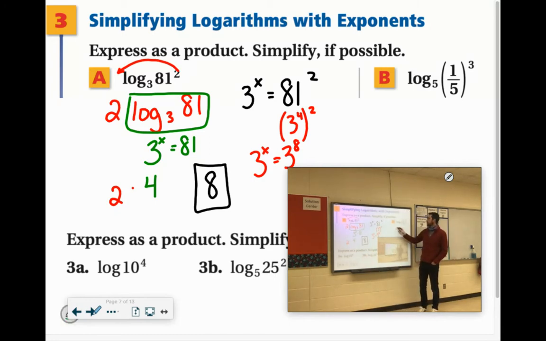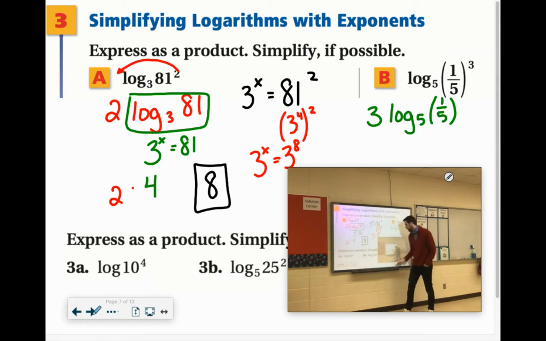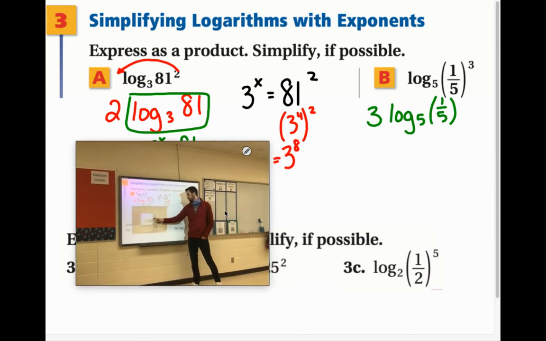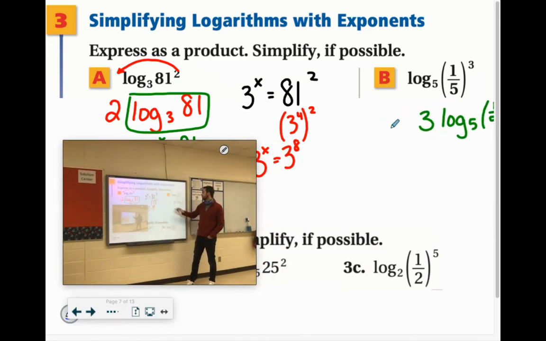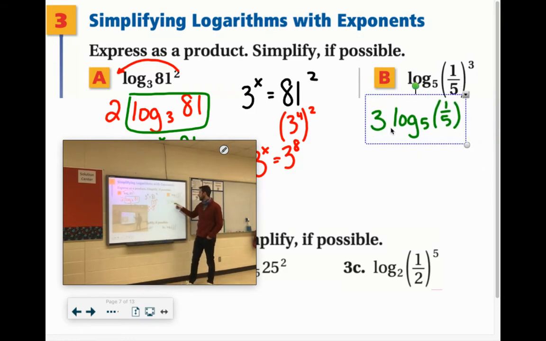We kick the 3 to the front: 3 log base 5 of 1/5. If we were simplifying this, what is going on here? We could say 5 to the x equals 1 over 5, if we were simplifying this portion.